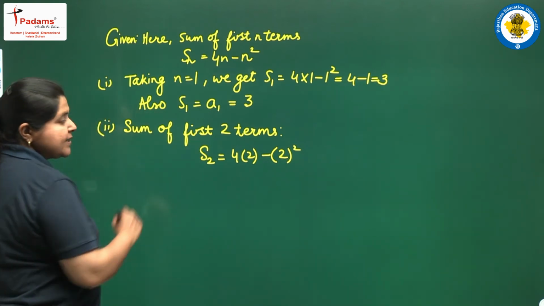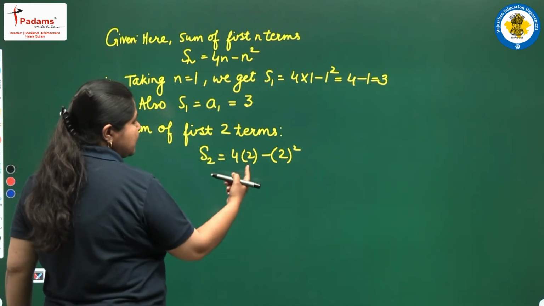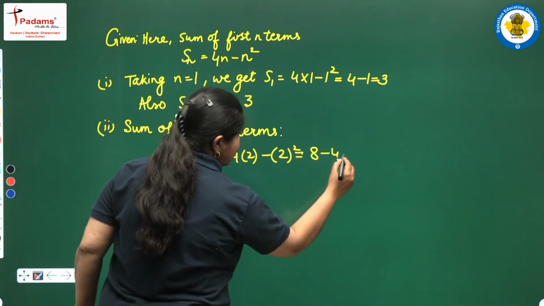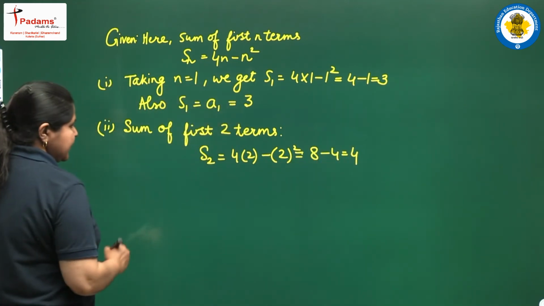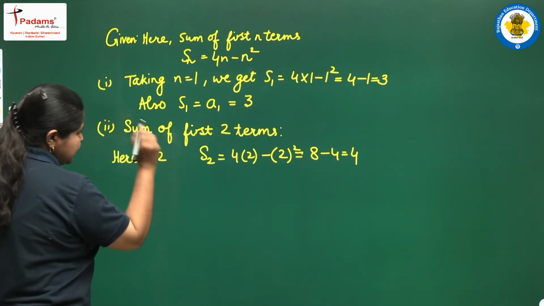So when we find the sum of first two terms, it is 4 into 2, putting 2 in place of n, minus 2 square. This is equal to 8 minus 4 equal to 4. Here we are taking n equal to 2.